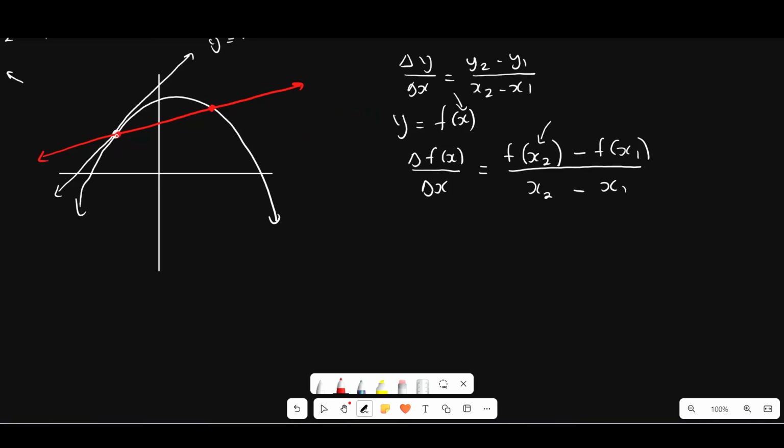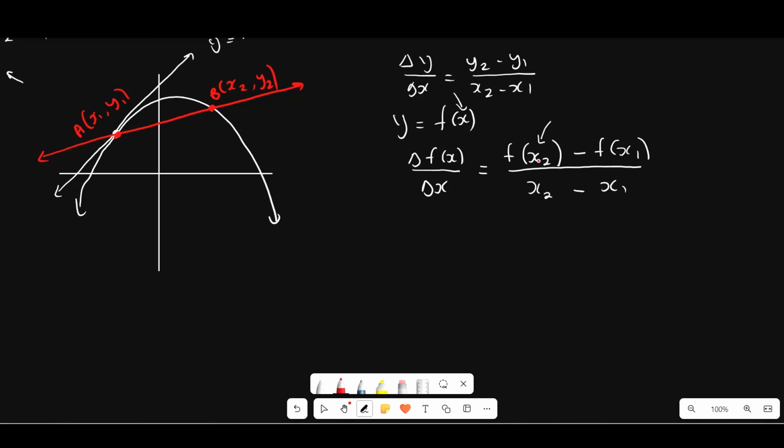Okay, so now let us assign these points. Let's say this point here is point A, with x1 and y1. Then here we have point B, with x2 and y2.